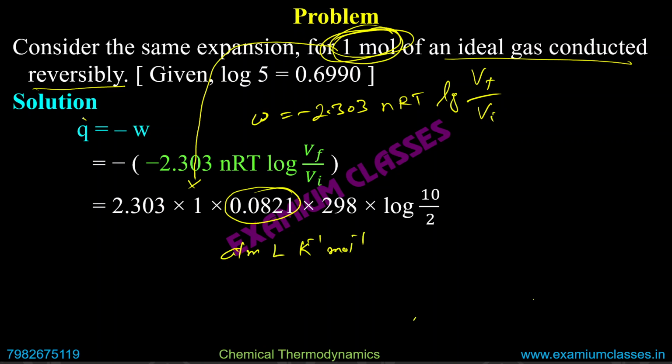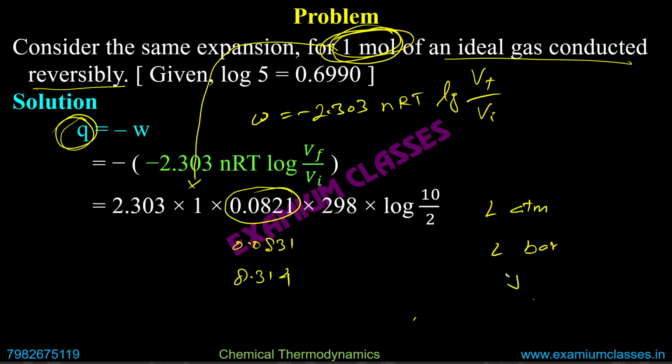So it means this Q we will get in liter atm or atm liter if we use this value. If we use 0.0831, it will be liter bar in that case. If we use 8.314, then it will be joules. So depending on what unit you want as result, you need to take the value of R accordingly.